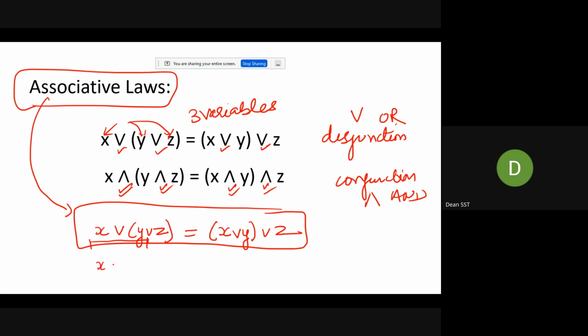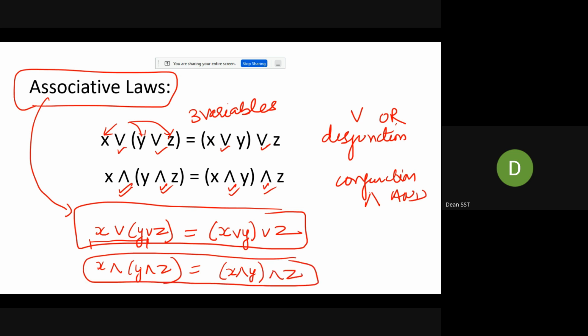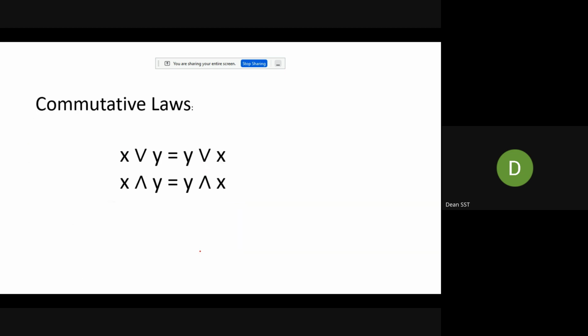Similarly, we can write x and y and z, and this is equivalent to x and y and z grouped the other way. So the result on the left hand side is equal to the result on the right hand side. These are the associative laws.